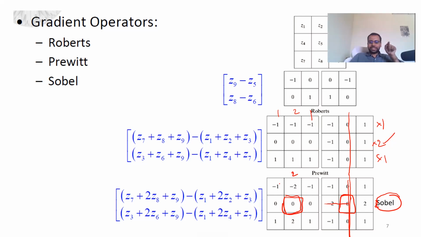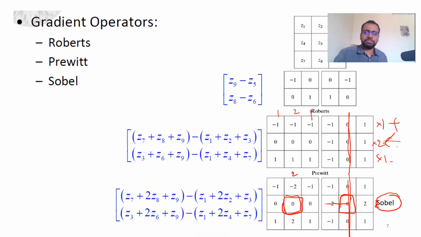Whichever pixel you are looking at, for the derivative value you get, you give double the weight compared to its neighboring pixels. If it is a vertical edge, you compute it this way, and the other way for a horizontal edge.